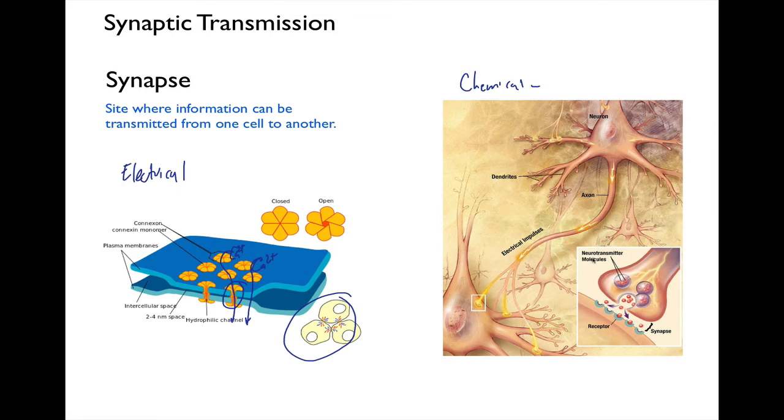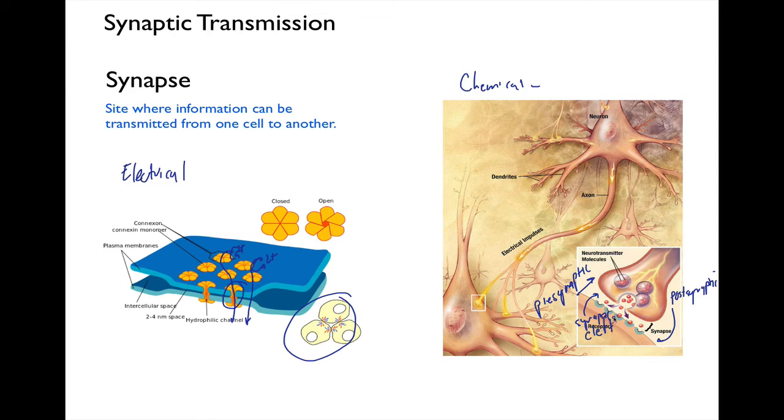So let's orient ourselves a little bit. We have two participating cells. We have the presynaptic neuron and the postsynaptic neuron, and then we have a space separating them called the synaptic cleft.